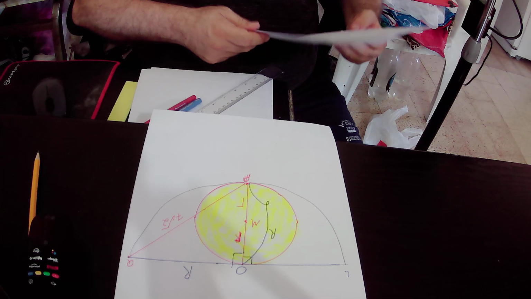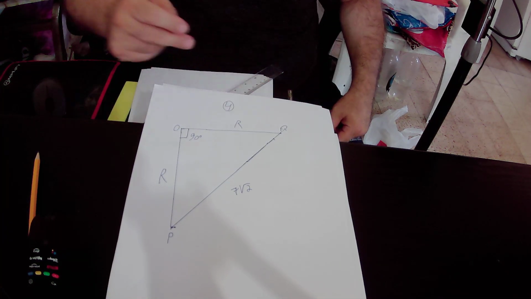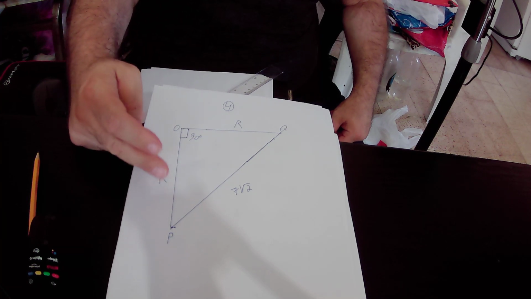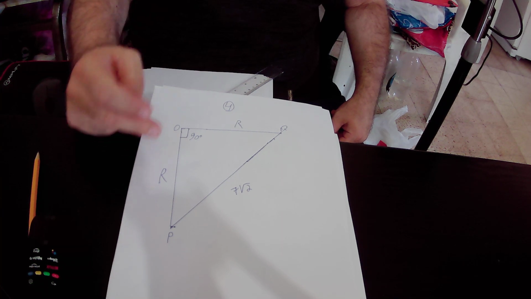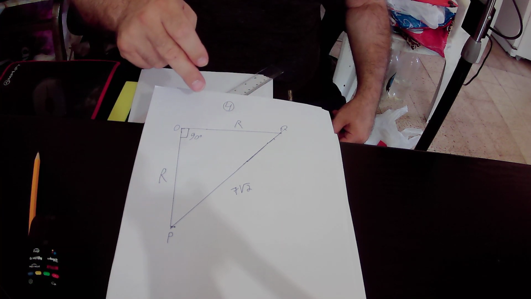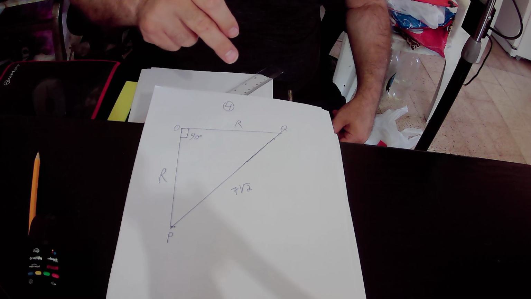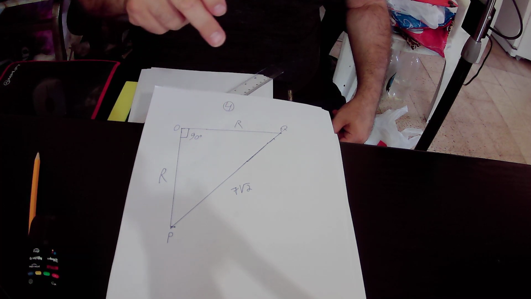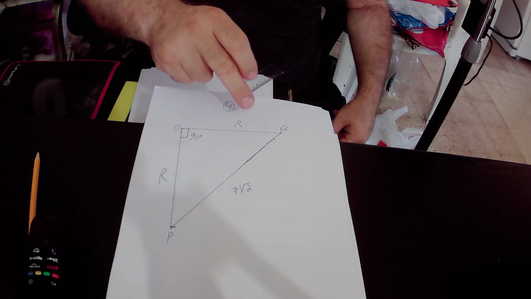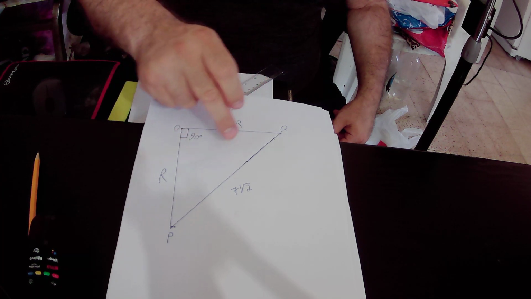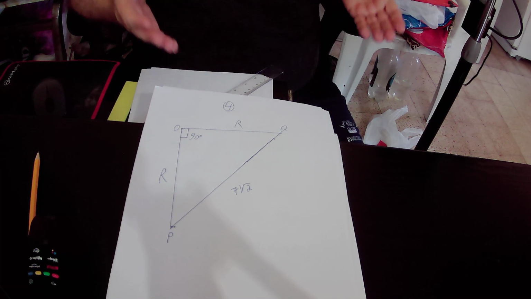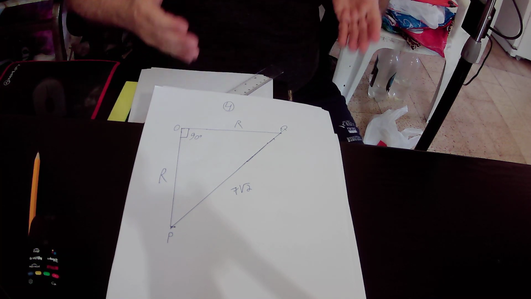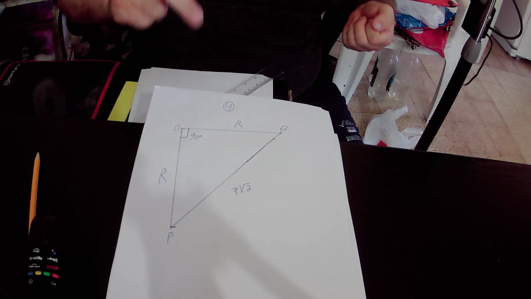So we draw triangle POQ again: side OP of the right triangle POQ equals capital R, side OQ equals R, and the hypotenuse PQ equals 7 times root 2.